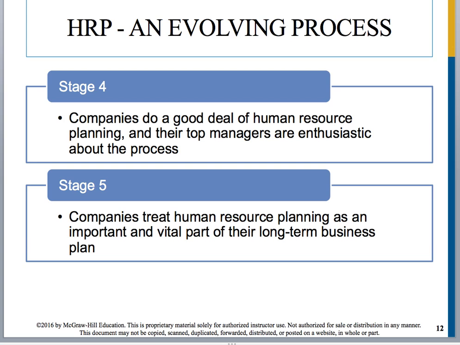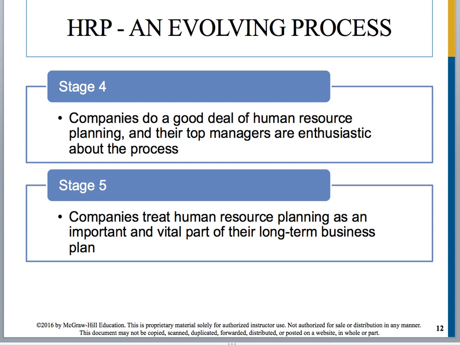Stage 4, you are really doing a great deal of HR planning, and your top managers are very enthusiastic and supportive about the process. Stage 5, you're treating HR planning as important and very vital to the long-term success of the business plan.